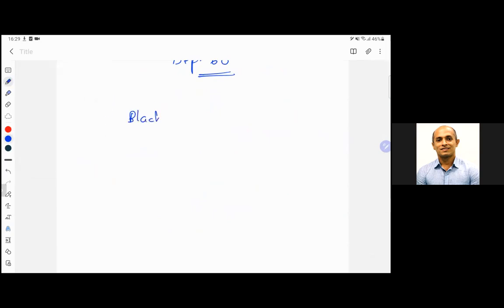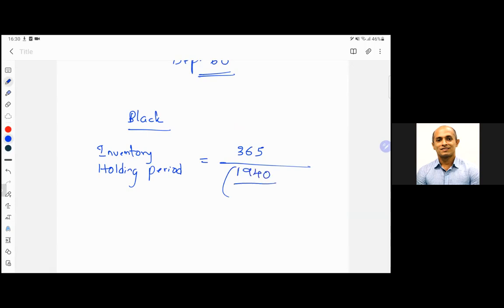Black company, inventory holding period: 365 divided by cost of sales 1960, divided by inventory 540.